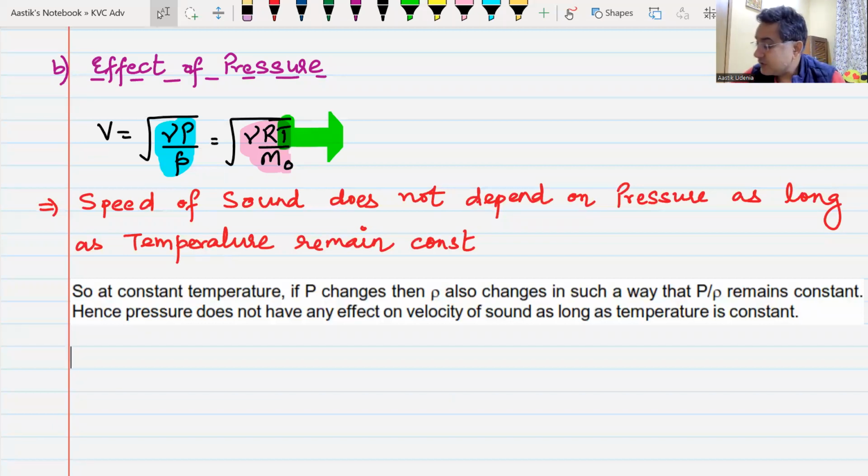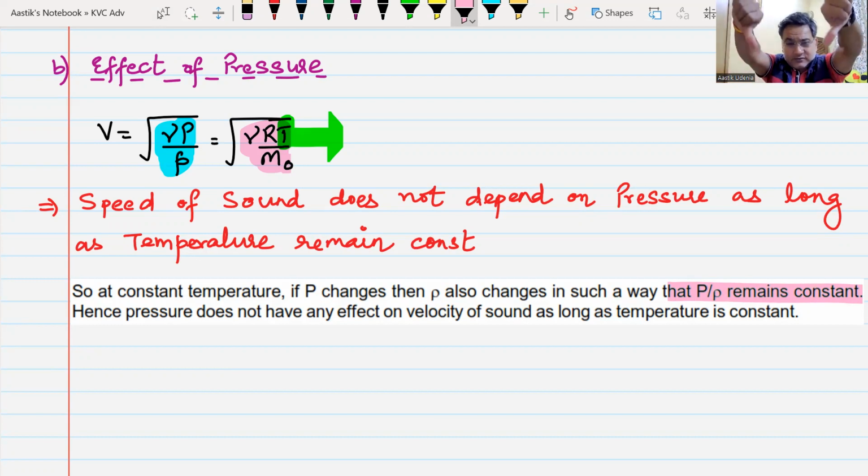Because pressure may change, but it may change in such a way that P by rho remains constant. That means temperature remaining constant, and therefore the only thing that can change the speed of sound is temperature and not pressure. Do we understand this? Yes or no? Yes, sir.